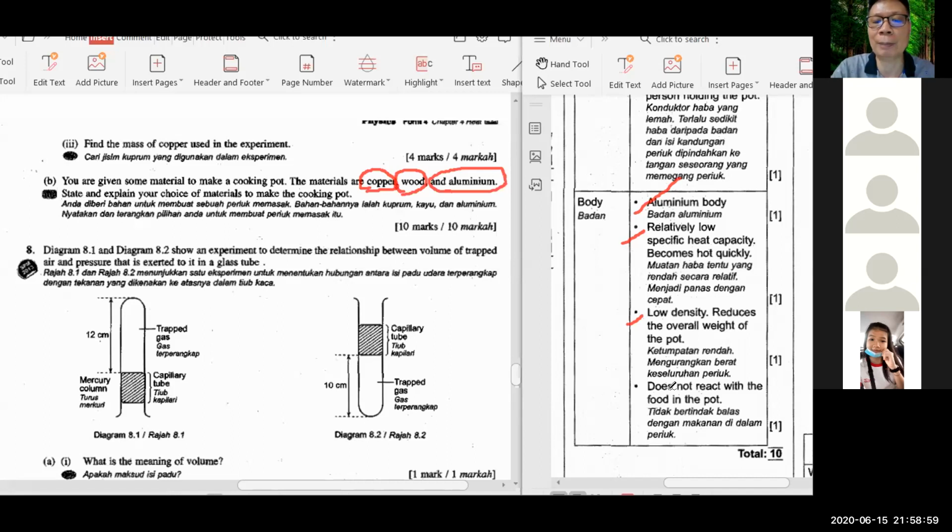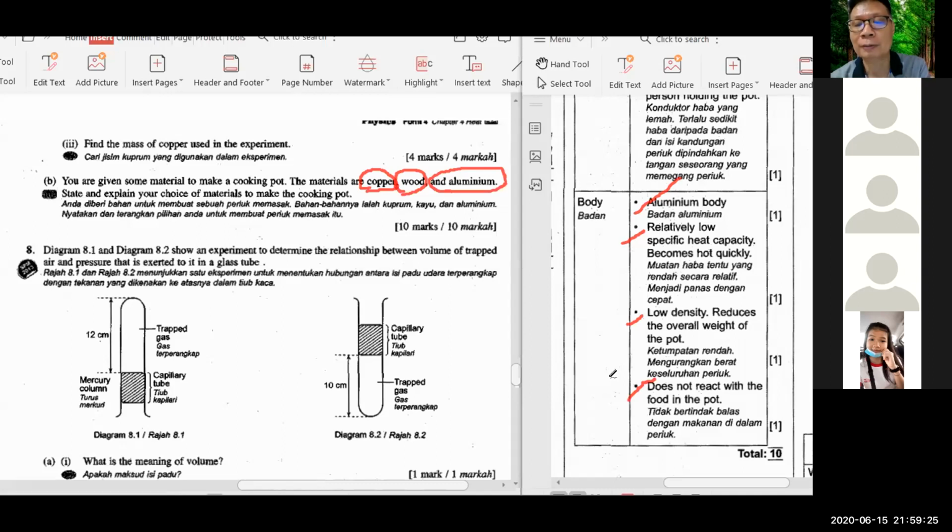Okay, last 1 more. Does not react with the food in the pot. So many metals. Aluminum is very passive. It won't react with the food compared to copper. Copper sometimes actually not so good. I'm not 100% agree, especially when you cook using vinegar.